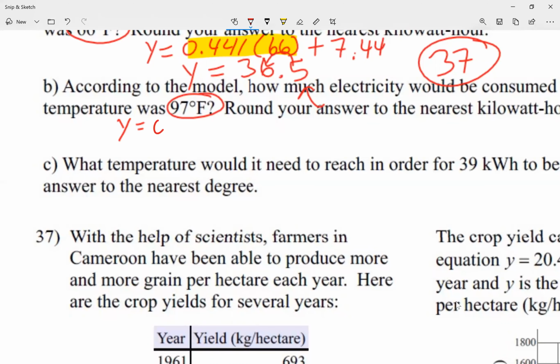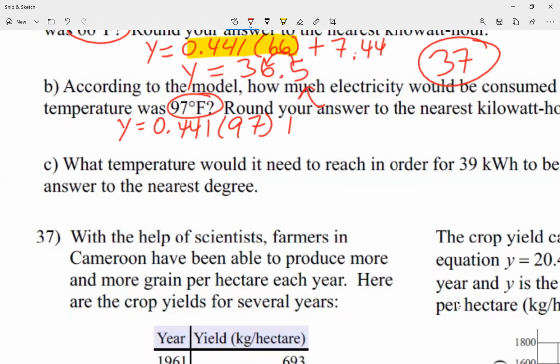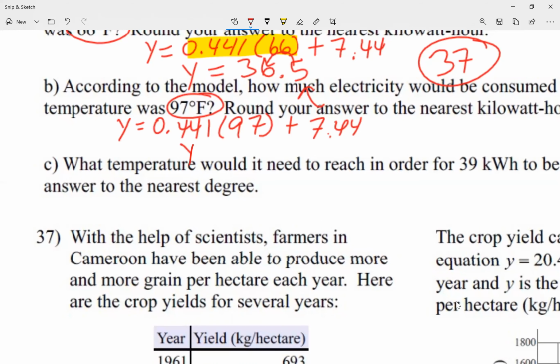Y equals 0.441 times 97 plus 7.44. Got to multiply first, right? 0.441 times 97 gives me 42.777 plus 7.44. According to my calculator, y is equal to 71.5.